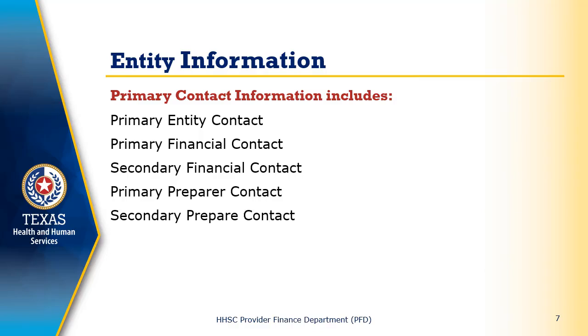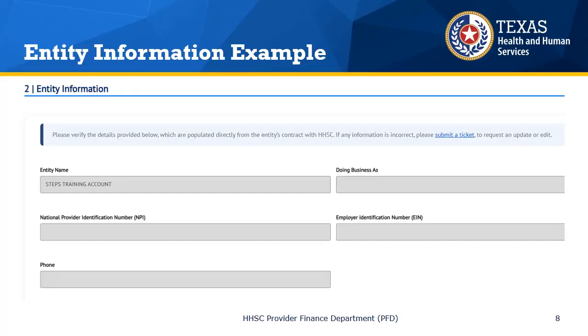PEC and primary financial contact, PFC, can assign a preparer. These actions can occur prior to completing the required training. Role assignments are conducted within the dashboard screen prior to accessing the cost report. The information will appear pre-populated in Section 2. This image displays the screen view for Section 2 of the cost report.